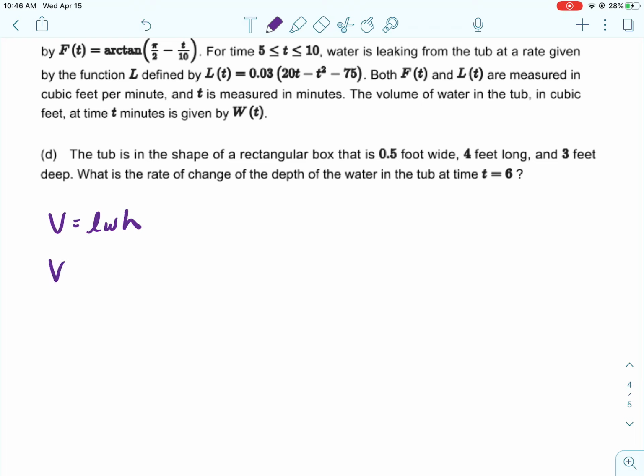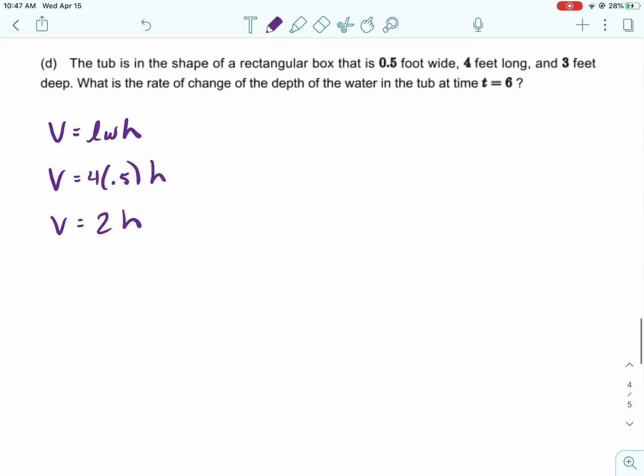All right, and then the length and the width of this prism stays the same. The tub is 3 feet deep, but the height of the water isn't always 3 feet deep. It goes up and down. So we would go ahead and put in the length and the width, and height is going to be our only variable.